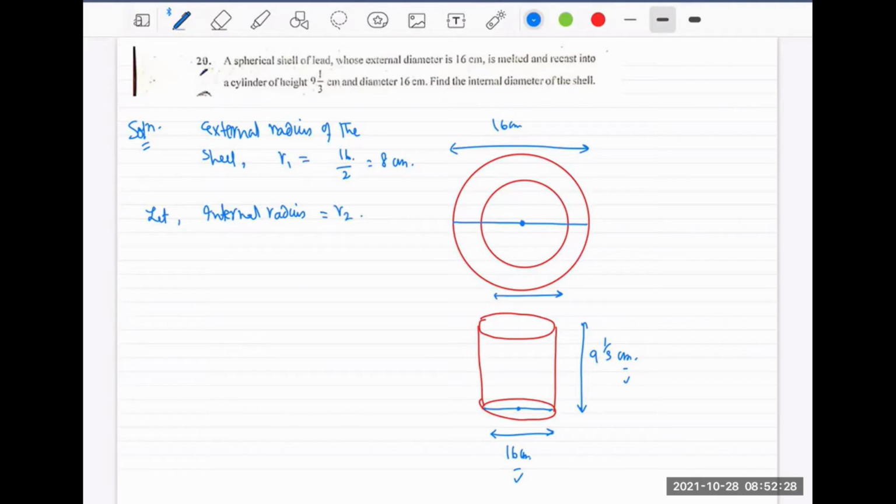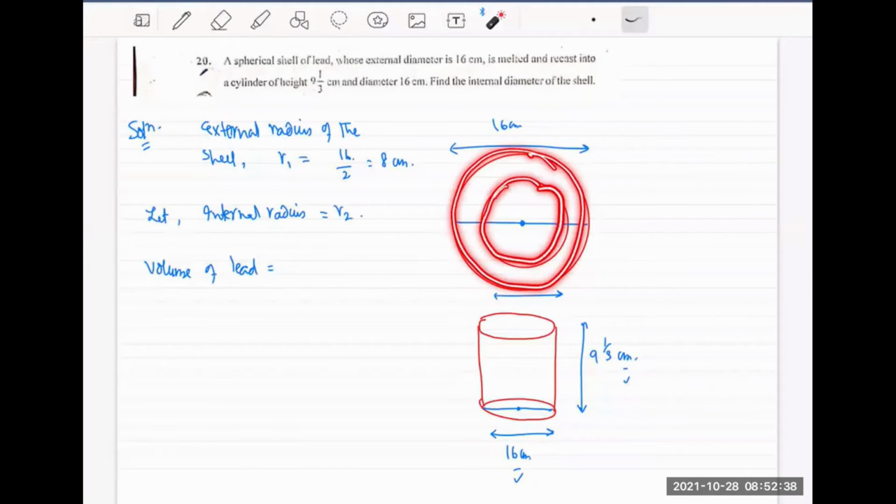What is the volume of the lead then? From this whole volume, you have to subtract this portion, right? Because this portion is air, there is nothing else there. So we will find the volume of the whole minus the volume of this portion.